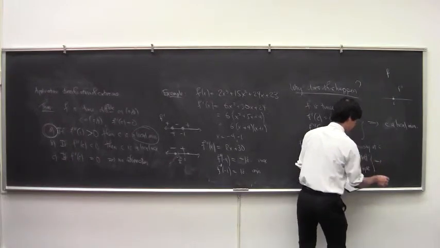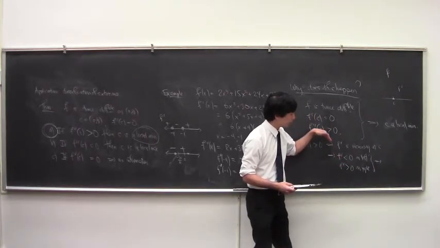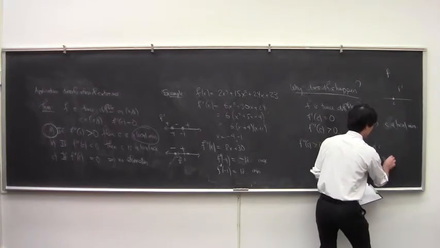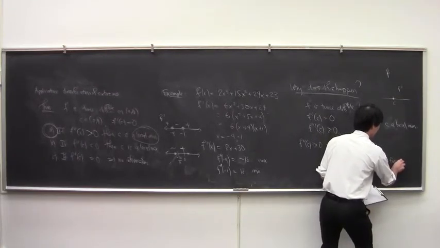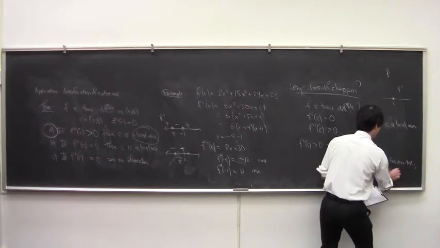And so by your first derivative test, your f prime is negative and then it's positive. So by the first derivative test, c is a min.